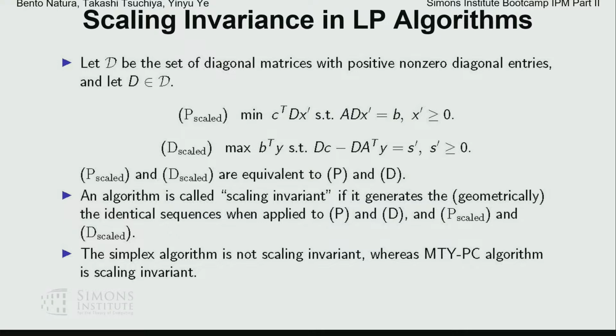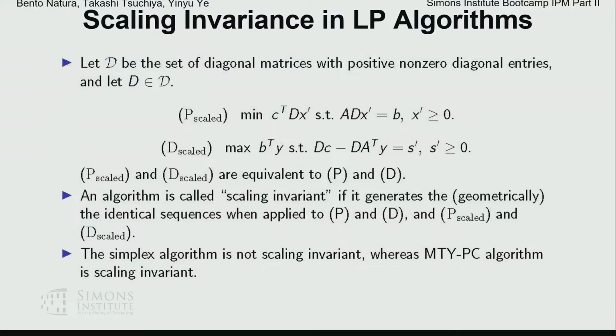So to answer that question, let me bring in the so-called scaling invariance in LP algorithms. What is scaling invariance? Take any positive diagonal matrix D. You scale the variables by it, which does not change the problem, right? So you scale your C by D, you scale the A by D, and the same thing for the rest.